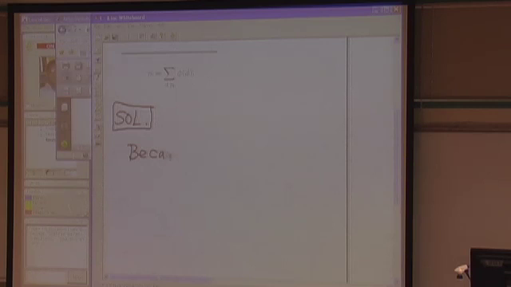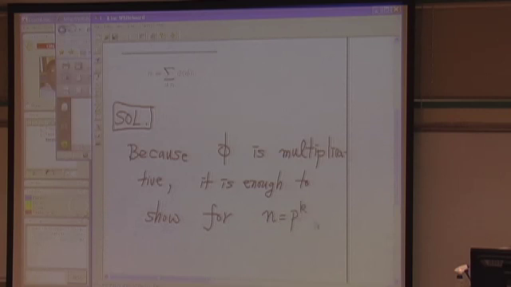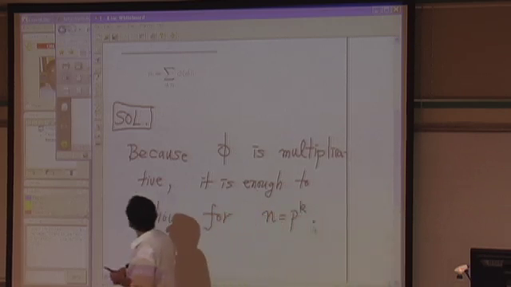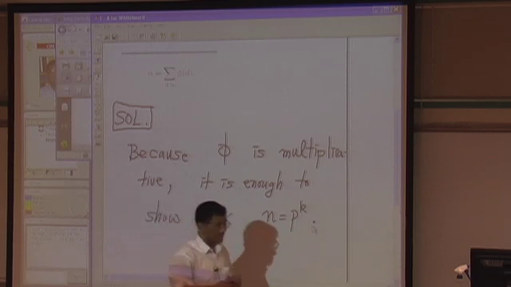Because phi is multiplicative, to prove this kind of statement, you can use a property such as this.